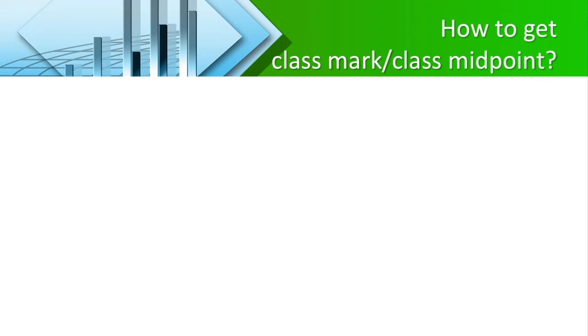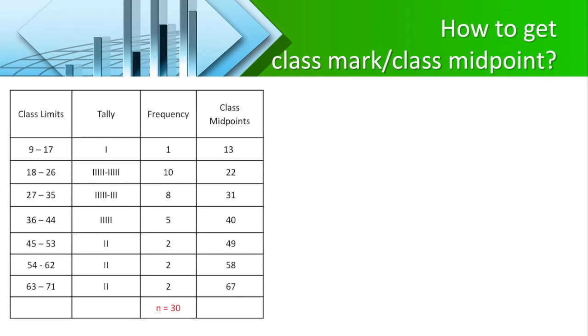So we're done with this already, but for you to remember how, I want you to look at the first example here. CM stands for class mark or class midpoint. And to get class midpoint, I want you to look at the lower limit here and the upper limit.